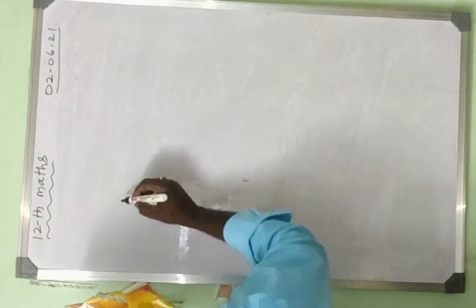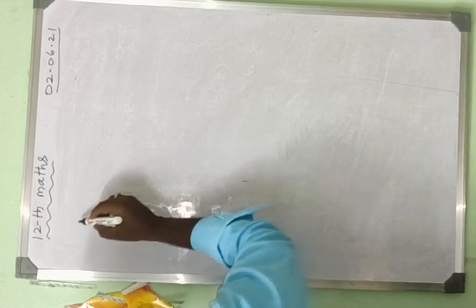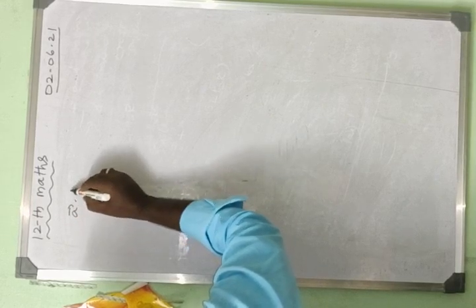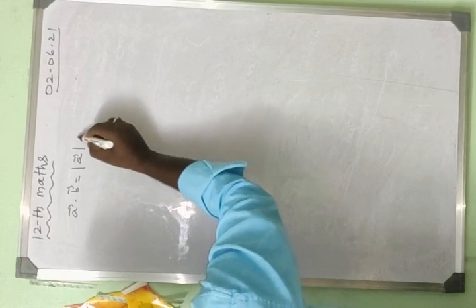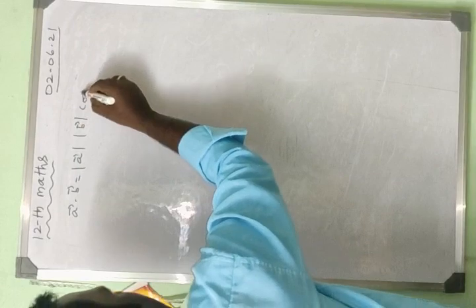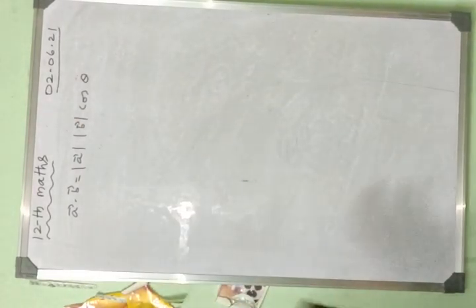Next, some conditions: the angle between two vectors. Suppose the definition of vector A dot vector B: mod vector A, mod vector B, cos theta, where theta is the angle.